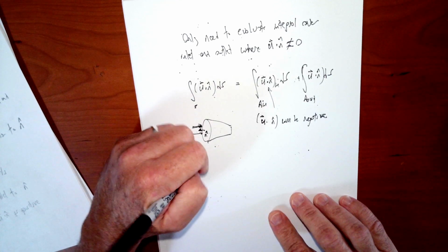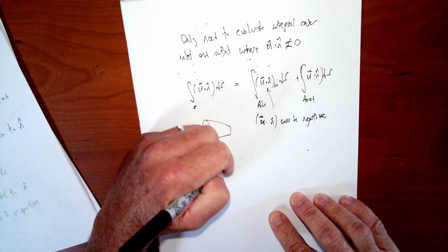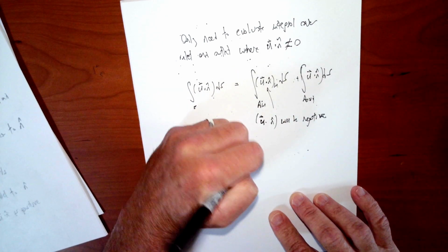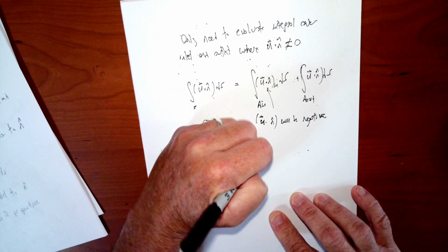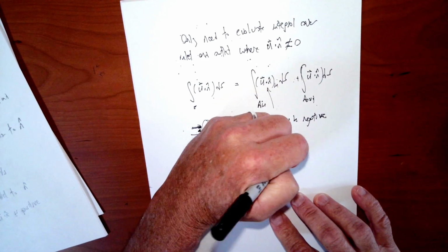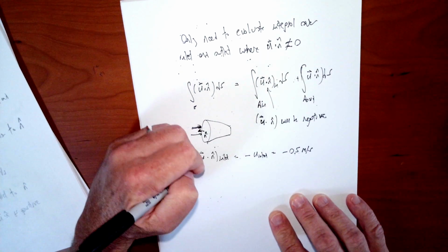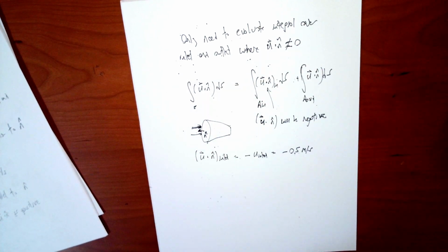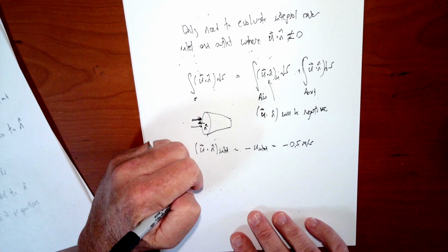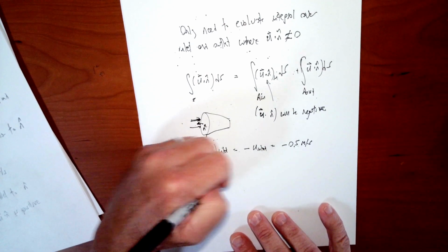So u dot n at the inlet is going to be negative u at the inlet. And we know what u at the inlet is. It's 0.5, so it's negative 0.5 meters per second. So that's u dot n at the inlet. And u dot n at the outlet, well, it's the same argument in reverse.